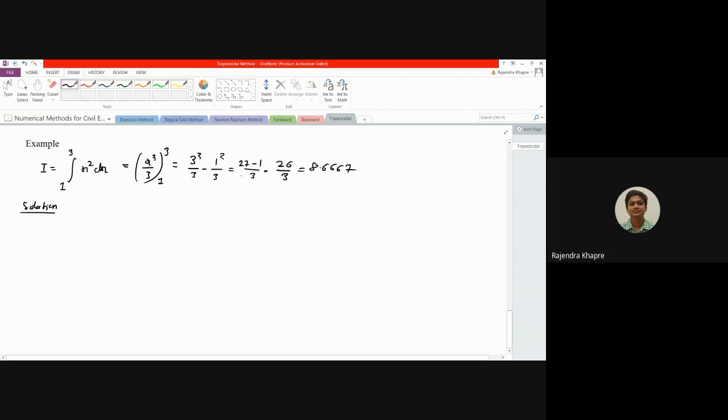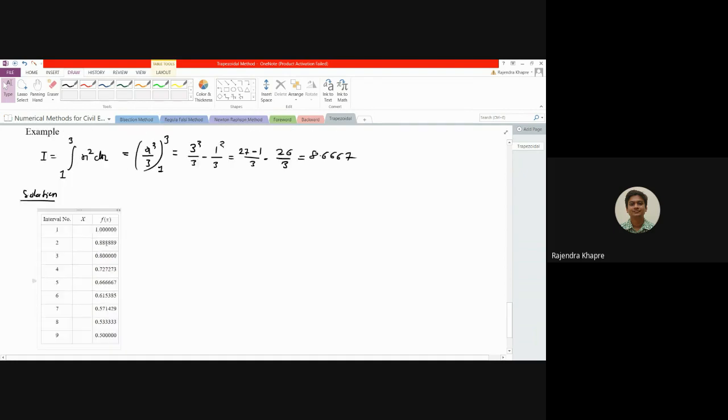Straight away you take 8 intervals. So now you will have values probably like this. You will have the x and y values. So you will have 1, 2, 3.